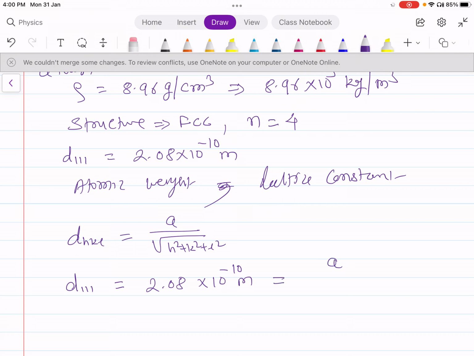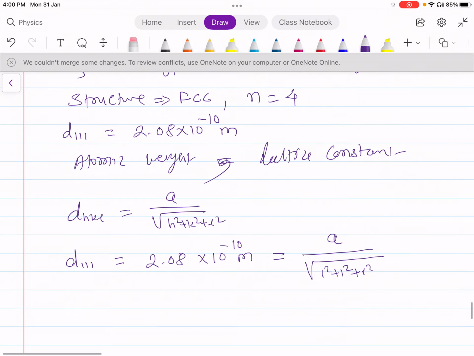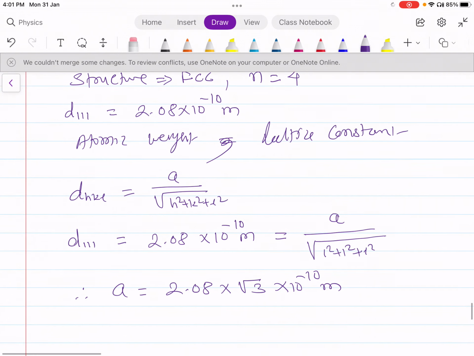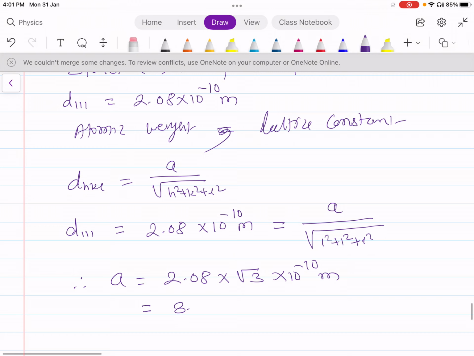That is equal to a upon root of 1 square plus 1 square plus 1 square. And hence a is equal to 2.08 into root 3 into 10 to power minus 10 meter, which is 3.603 into 10 to power minus 10 meter, or 3.603 angstrom. So we got the value of a.